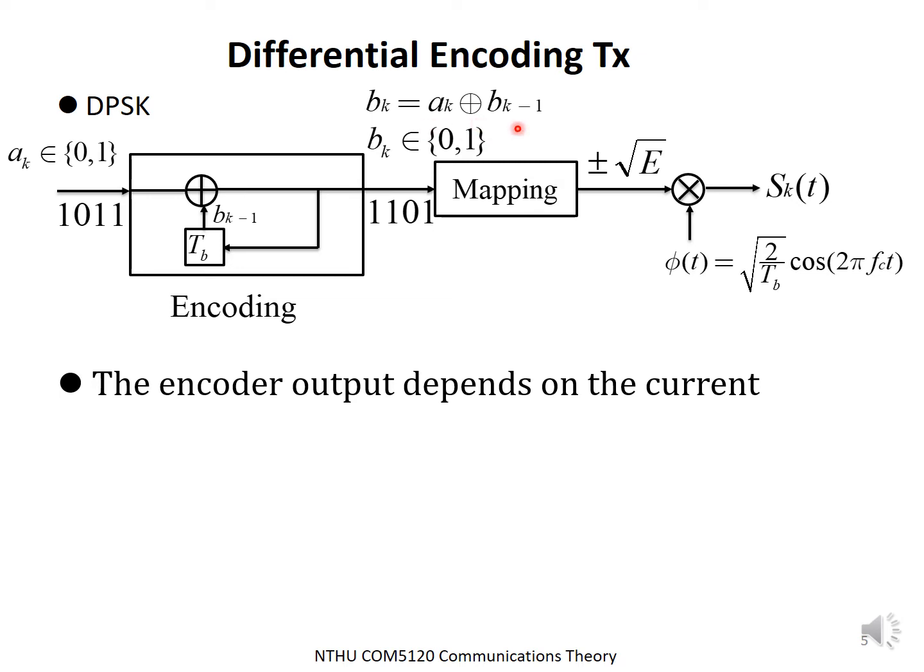The combination of the current message and previous symbol. So it's a linear modulation with memory. Okay. So the encoder output depends on the current input and also the previous symbol.